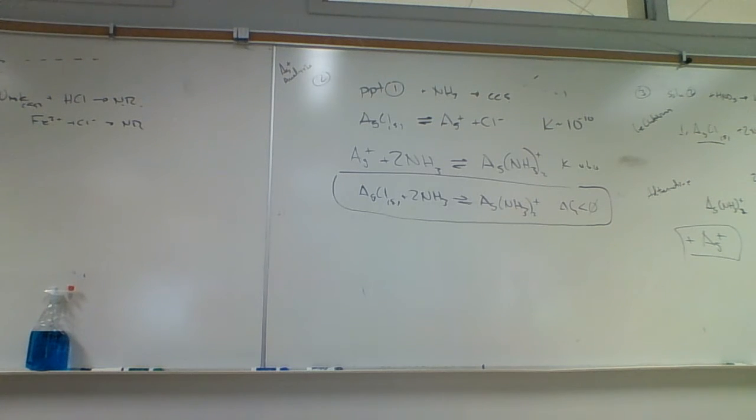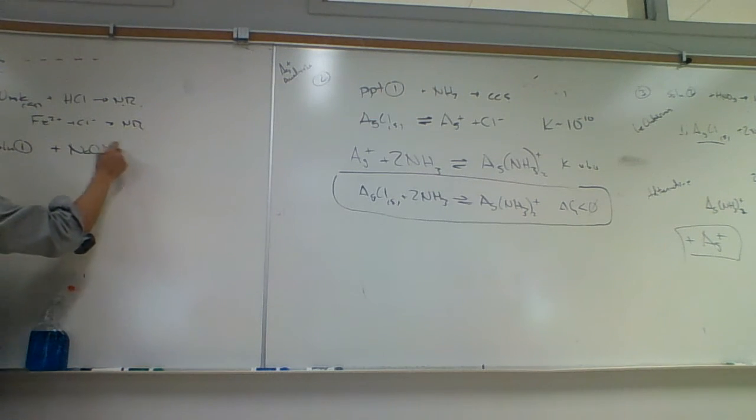Precipitate iron hydroxide. With what precipitating agent? Sodium hydroxide. And so the exact same thing is going to happen now. This is going to be called solution 1, which is not the solution 1 from silver analysis, but from iron analysis, where we got this no reaction. Now we're going to add sodium hydroxide.